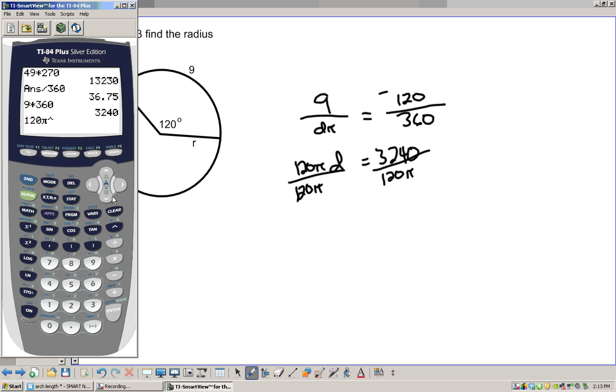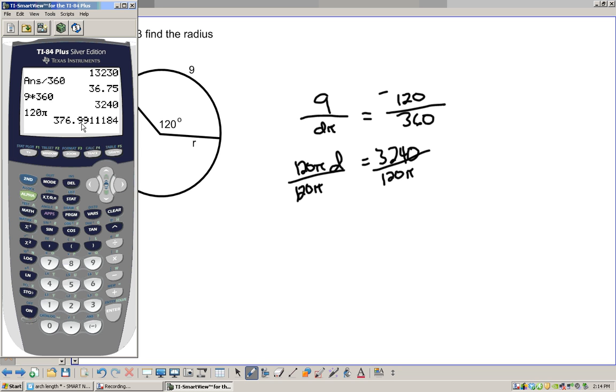Let's do that, 120 pi. I'm going to hit enter, and I'm going to get what 120 pi is. 120 pi is 376.99. That's going to be 377. Okay, I'm going to round that off to 377.